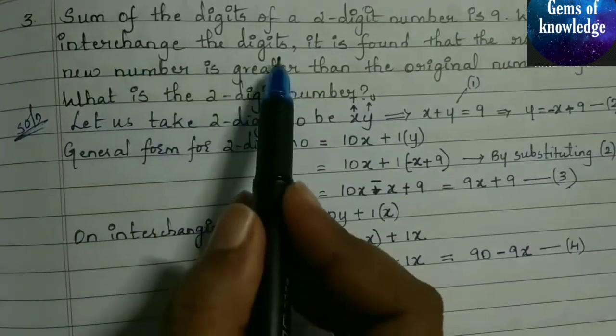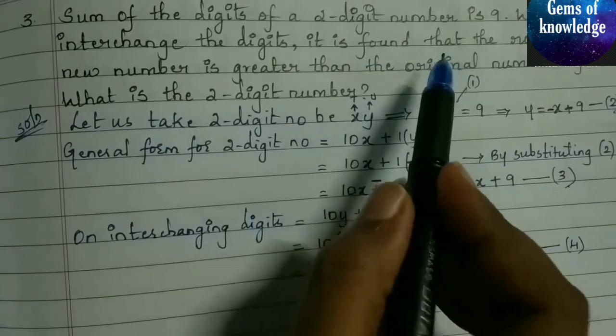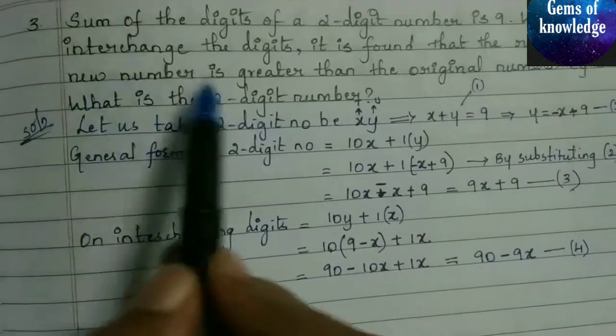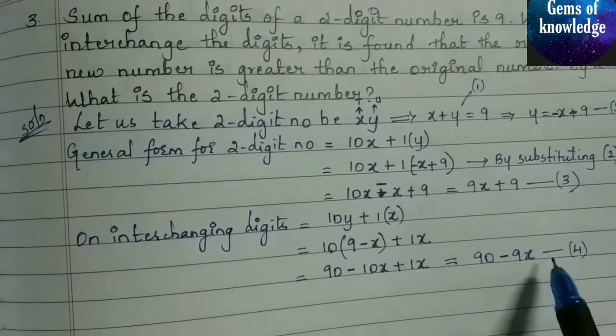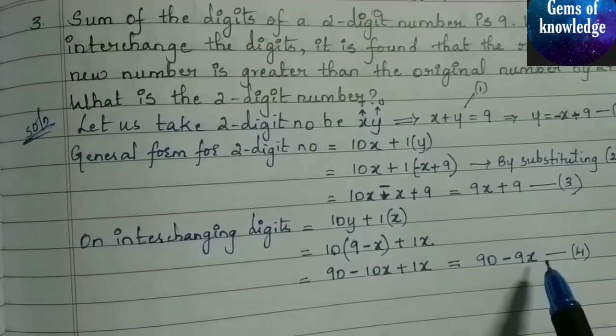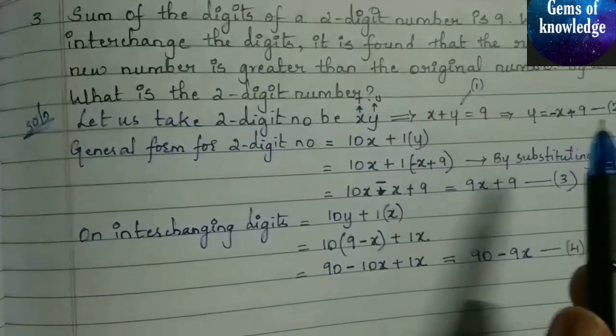On interchanging the digits, it is found that the resulting new number is greater than the original number by 27.